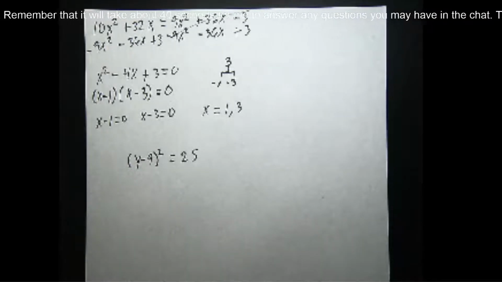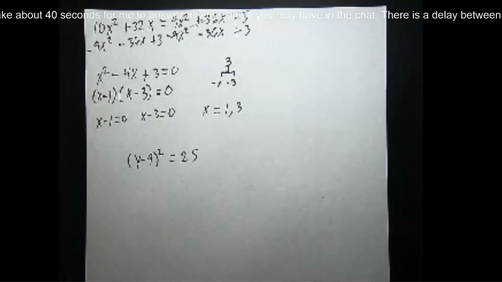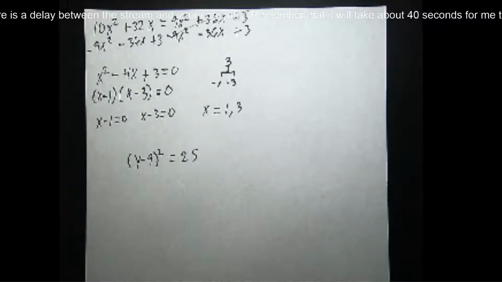It's really already factored to a point that we can solve it. Of course, we could multiply out y minus 9 squared and take 25 to that side, and it would give us a quadratic equal to 0. But I feel like this is actually already in a form that is factored and can be solved.